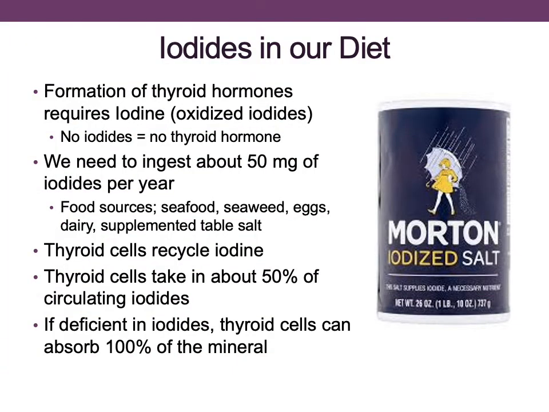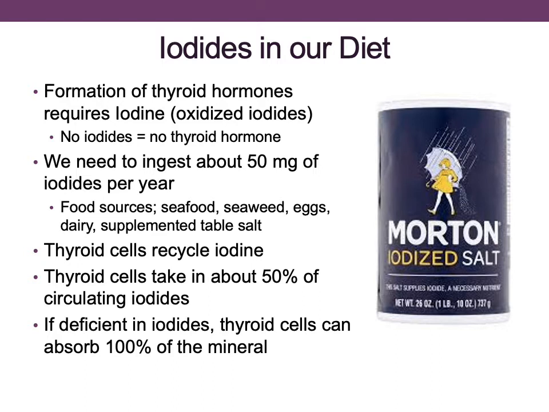Iodides in our diet. Formation of thyroid hormones requires iodine, which is oxidized iodides. If you don't have any iodides, you're not going to have any thyroid hormone. We need to ingest about 50 milligrams of iodides per year. It's not a whole lot, but without it, we are not going to have thyroid hormone.